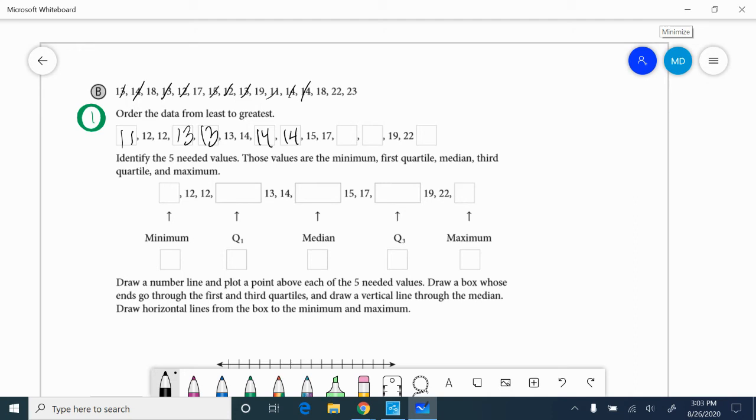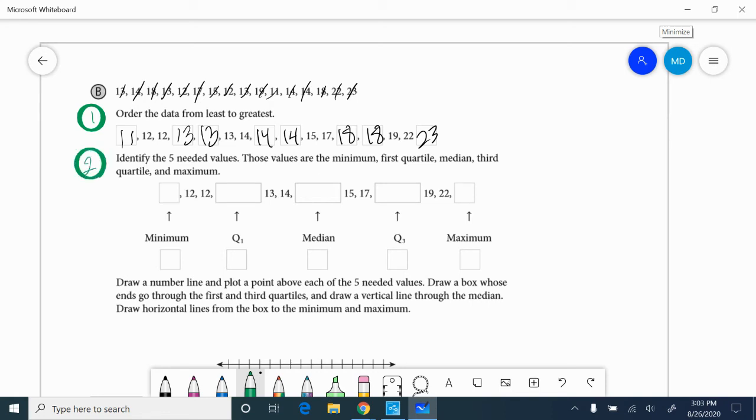A 15, a 17, 18, 18 again, a 19, 22, and then our biggest value is 23. All right, so we got our data ordered from least to greatest. That's the first step.